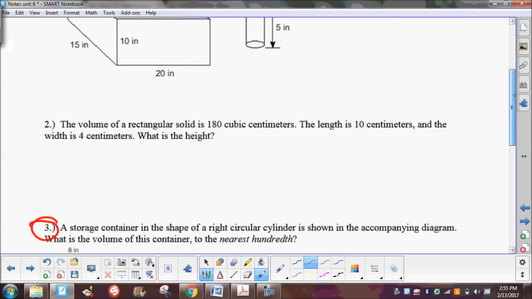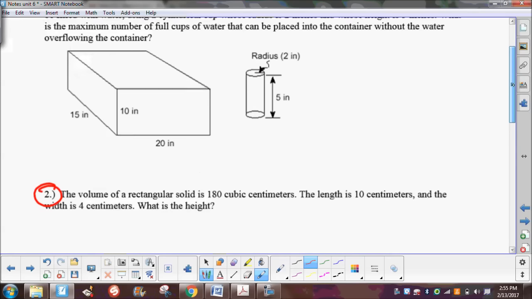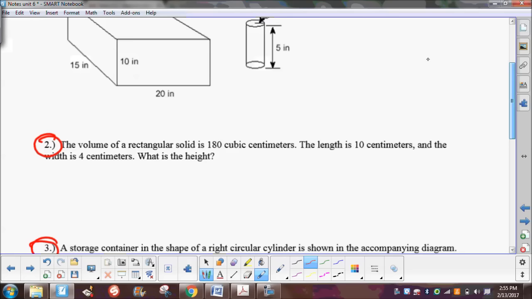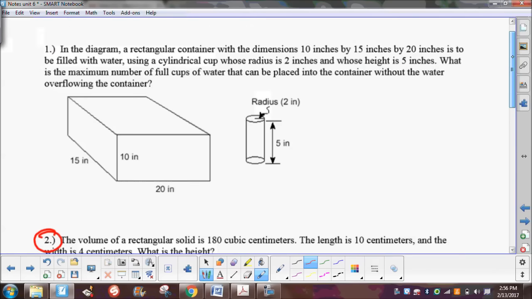Number 2 is easy, too. Number 1's a little bit more difficult. But if you're up for the challenge, you certainly can do number 1 with each other. Figure out how to do that one, because it's a really cool problem.